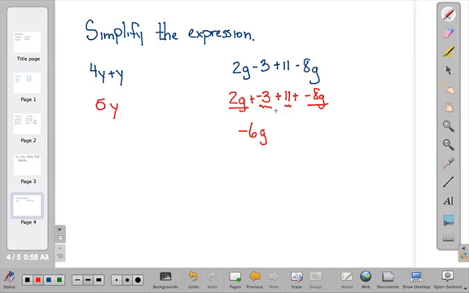So negative 3 plus 11 is 8, plus 8. And I've simplified this expression here down to negative 6g plus 8. This right here is quite a bit simpler to look at, and we can do more things later on with it than this more complicated expression up here where the like terms aren't put together.